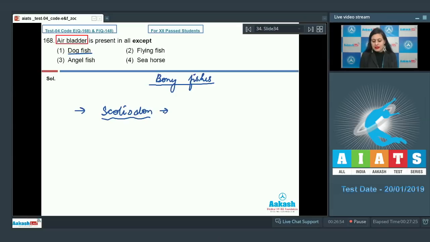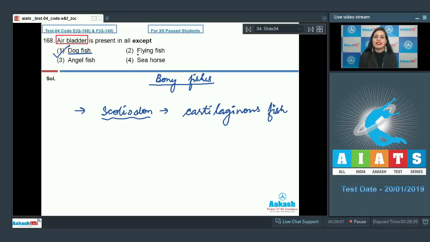And as it is a cartilaginous fish, so this is a correct answer to our question because cartilaginous fish lack air bladder. And as they lack air bladder, so this dogfish has to swim continuously to avoid sinking. On the other hand, bony fishes, they have air bladder to maintain buoyancy in them. Let's discuss other options also.